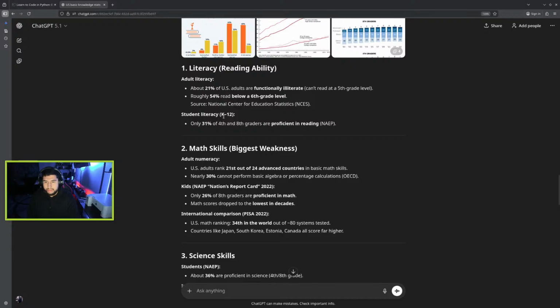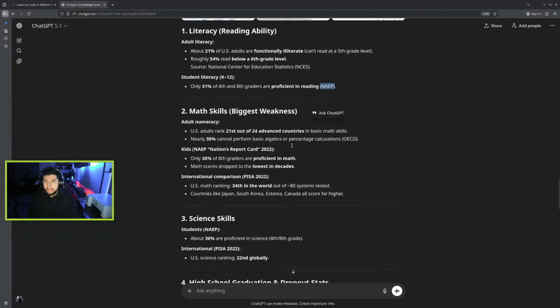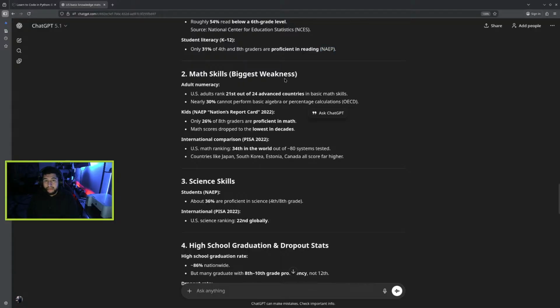Student literacy, K through 12: only 31% of 4th and 8th graders are proficient in reading. This is NAEP. Math skills, biggest weakness in the US, I guess. Adult numeracy: US adults rank 21st out of 24 advanced countries in basic math skills. Jesus. 21 out of 24. We're almost last!